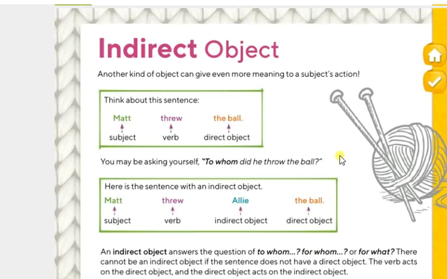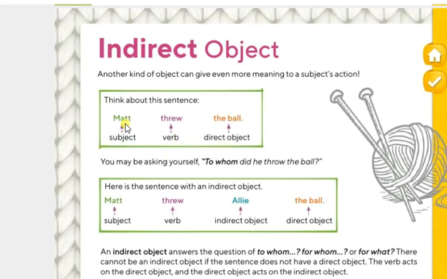This is the page. Indirect object. Another kind of object can give even more meaning to a subject's action. Think about this sentence. Matt threw the ball. Remember that we said we have to find the subject and then the verb to find the direct object.